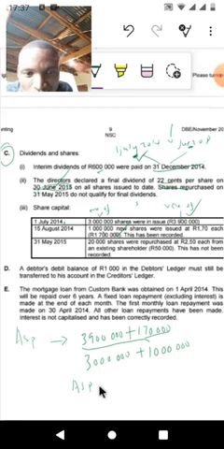It is 1.4. So we calculated the average share price, and it's 1.4.